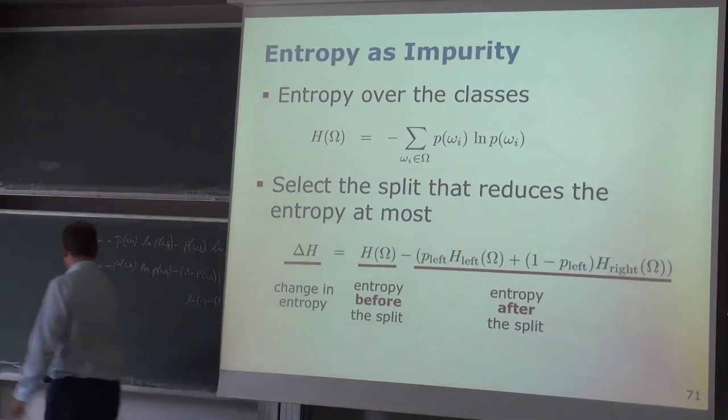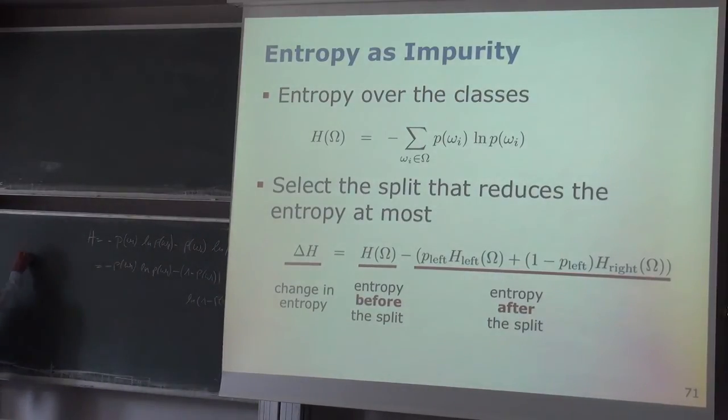So left and right means, here I have my split node, and this is left and right, before called no and yes. So this is all the elements omega, this is omega left, and this is omega right.